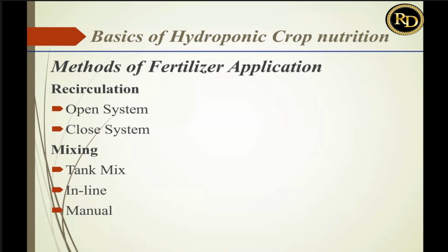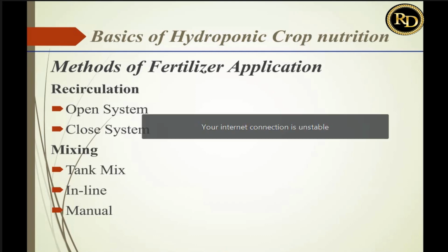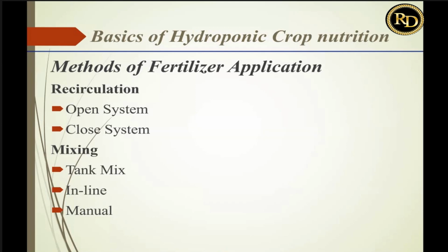In an automated system, the grower sets up an automation system where the whole nutrient is mixed in a tank and supplied to the crop. In inline, there are irrigation fertigation systems where the nutrient solutions are mixed into the water supplied to your crop. And manual, definitely the venturis are there, so you can manually use the venturi.